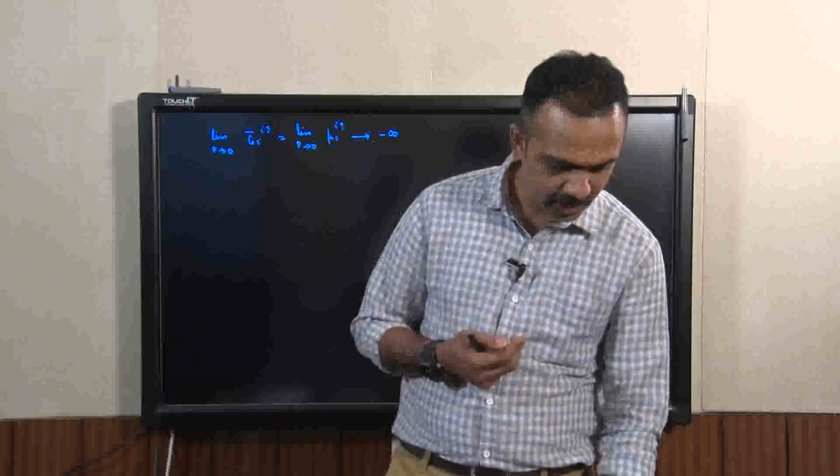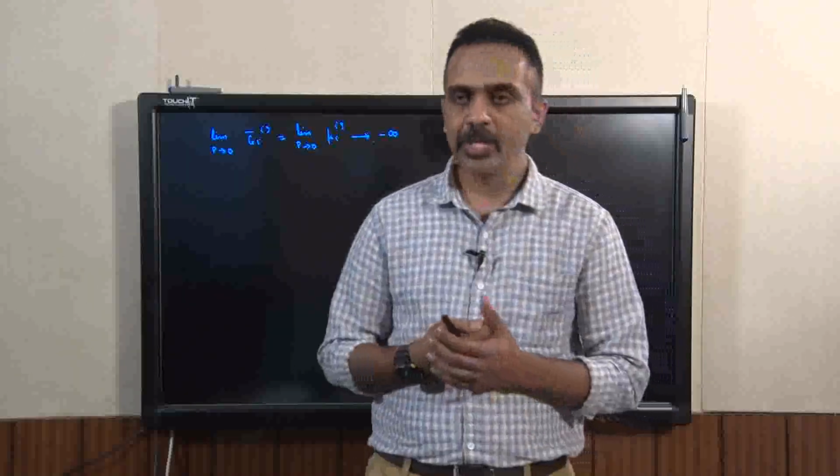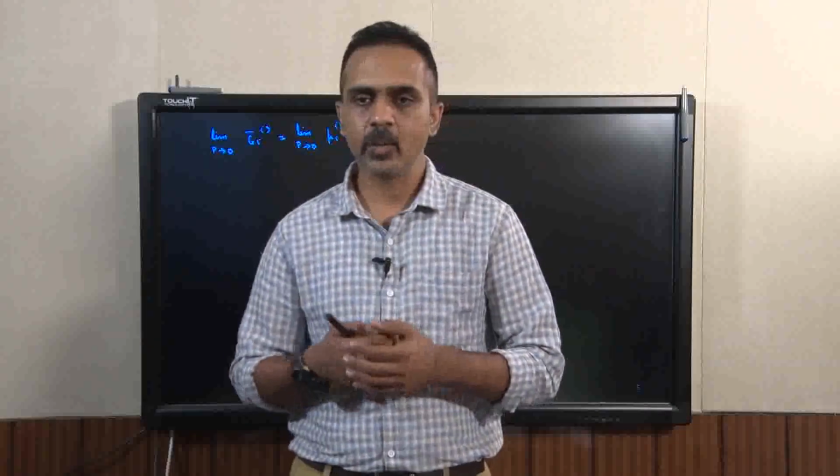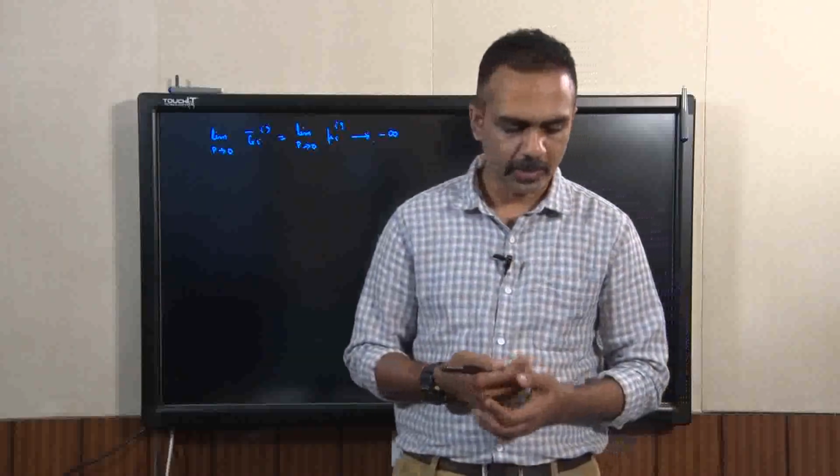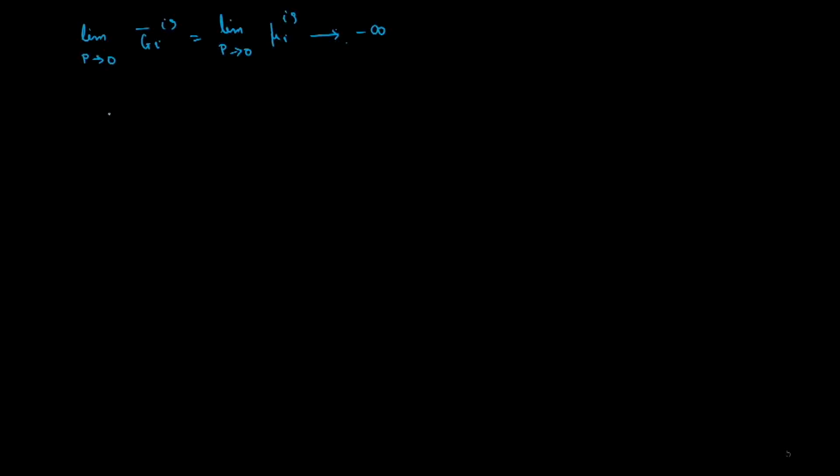So what we rather do is try to define a quantity which is not so abstract, and to be able to do that, we resort back to the equation we started with. dGi bar ig is RT d ln yiP. For an ideal gas, this equation is true.